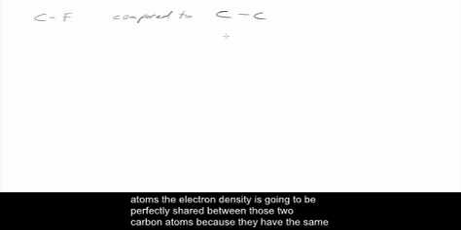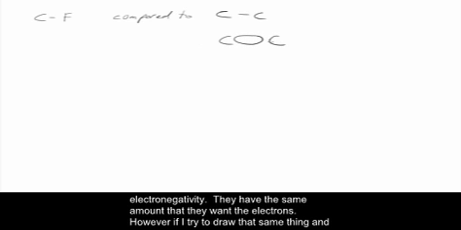So let's take an example and look at what a CF bond would look like compared to a CC bond. Okay, so a bond between two carbon atoms, the electron density is going to be perfectly shared between those two carbon atoms because they have the same electronegativity.